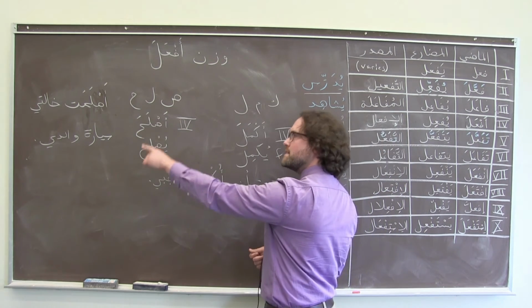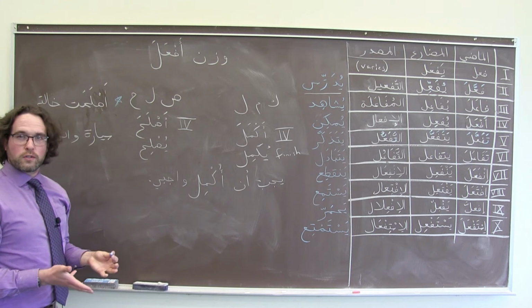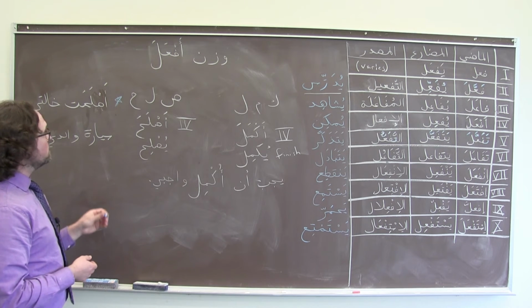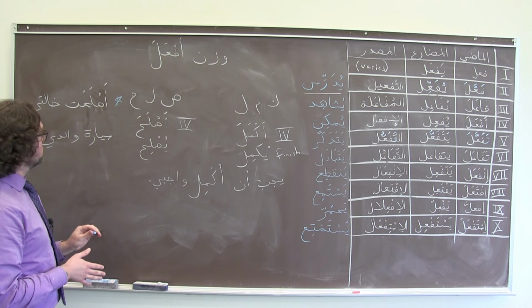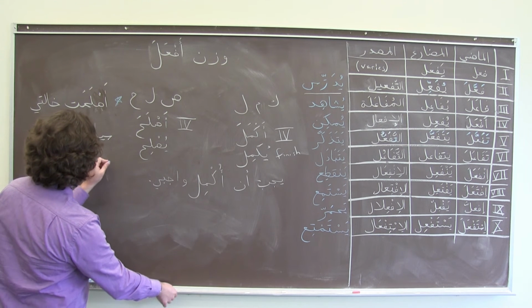If I wanted to rephrase this same sentence, I would probably play with the word order a little bit, but I could say خالتي صلحت سيارة أبي, or something like that.